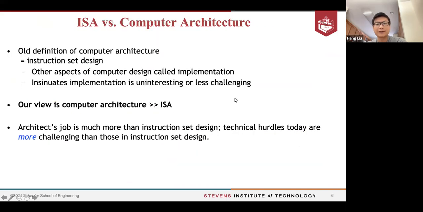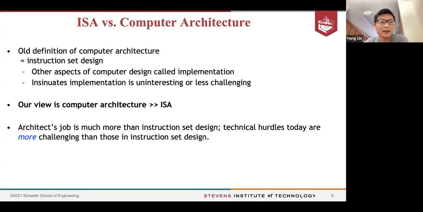Instruction set versus computer architecture. You see here, instruction set architecture, or ISA, is only those interfaces, like the instruction sets we use to run this computer, whereas other aspects of computer design are called implementations. We insulate the implementation from the instruction set architecture because we felt those were very engineering and not interesting and not challenging.